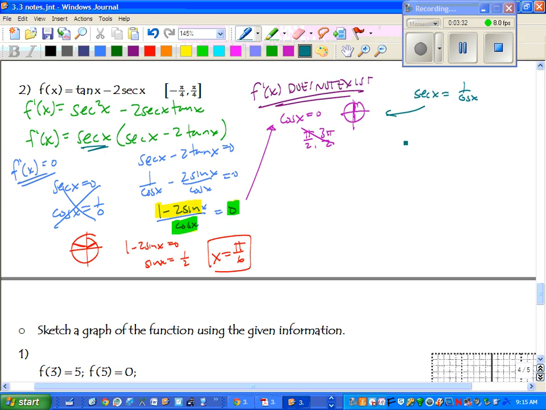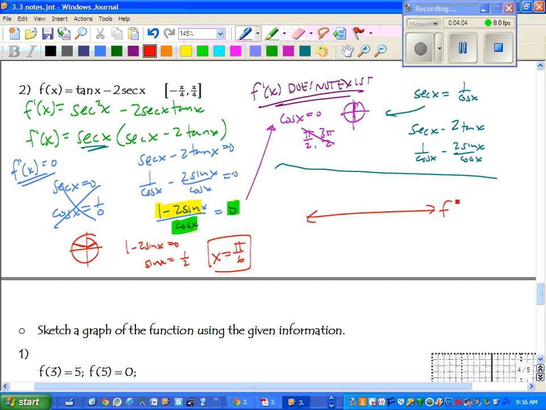And inside here, secant of x minus 2 tangent of x, we're taking care of that within here. Again, cosine of x would have to be 0, because this is 1 over cosine of x minus 2 sine of x over cosine of x. So if cosine of x is 0, it's undefined, but that's not in our interval. We've already solved that, so let's move on. We've got one critical value.